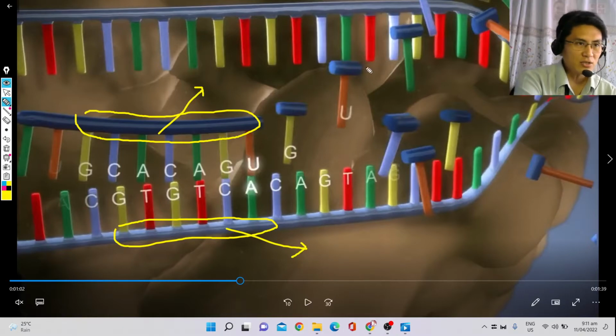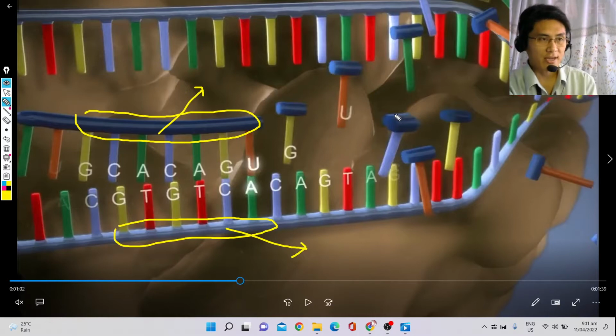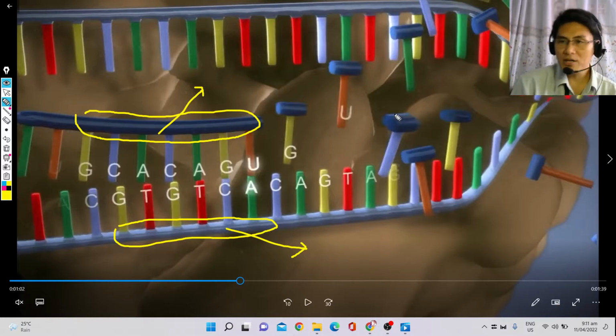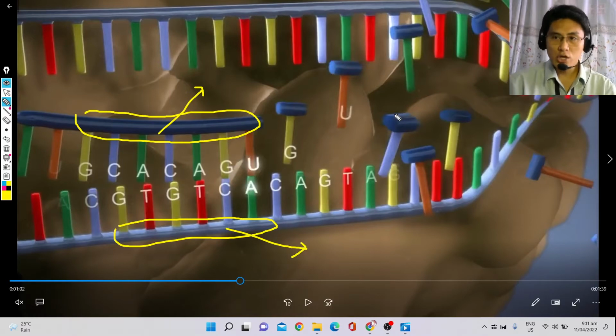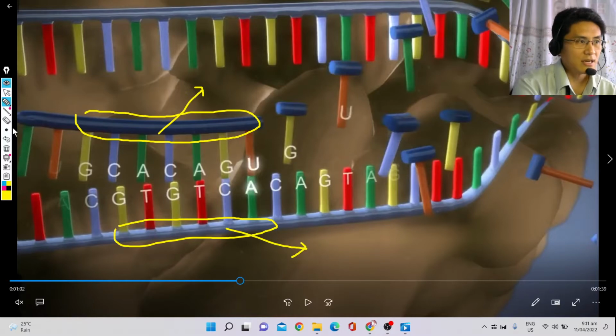So meaning these nucleotides here are RNA nucleotides, not DNA nucleotides. It's a nucleotide made up of nitrogenous bases A, instead of thymine, uracil, A U C G. And then the backbone is instead of deoxyribose and phosphate, it's ribose and phosphate. Right? So that's the difference.